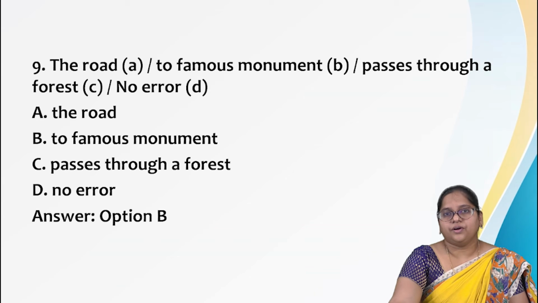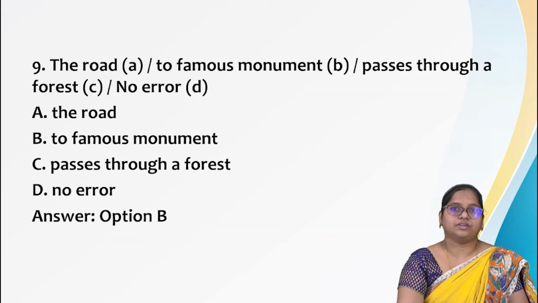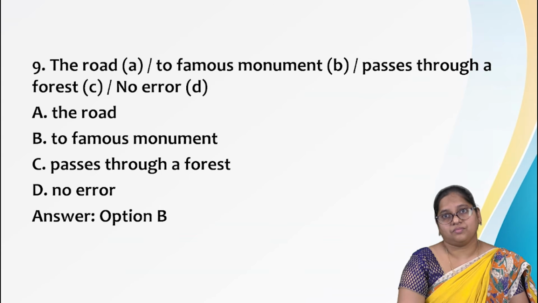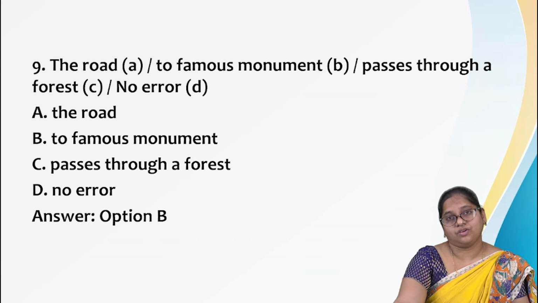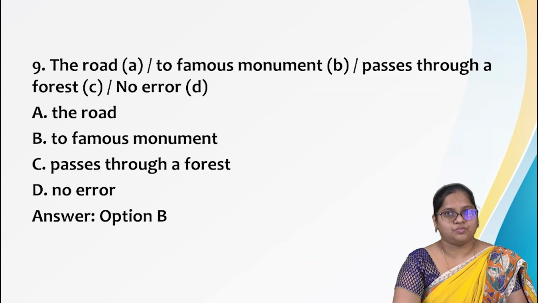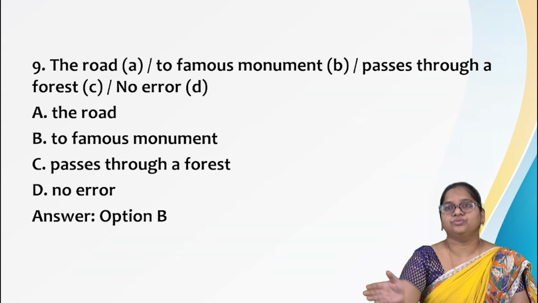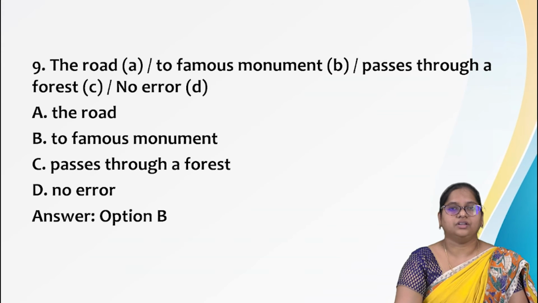Ninth question: "The road to famous monument passes through a forest." The road to a famous monument passes through a forest, no error. When you say the road to a famous monument, you're not specifically talking about which famous monument, but generally you have to use an indefinite article there.